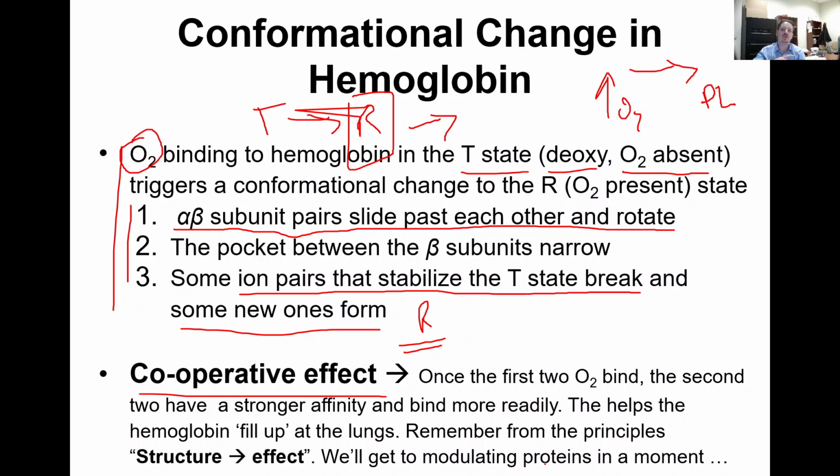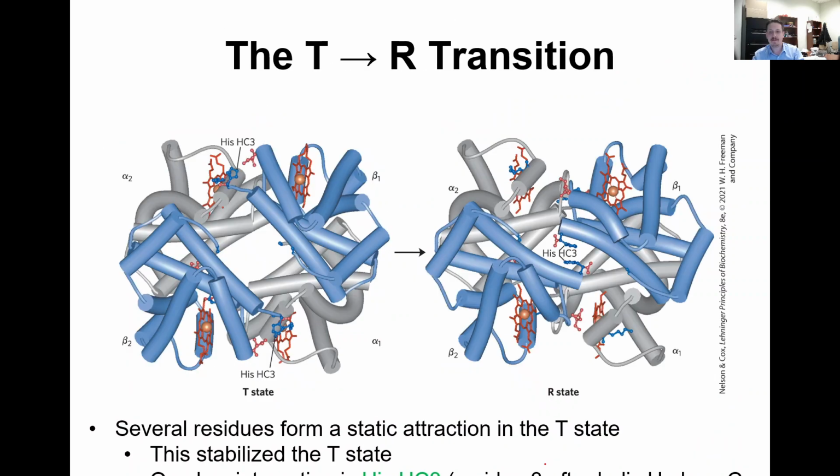As it changes, bonds will break, and new ones will form that slide past each other, changing into the R state. Now it's in a much more receptive conformation for the oxygen, with a low Kd value, which is going to grab onto the oxygen, and that high concentration of oxygen is easy to grab onto.